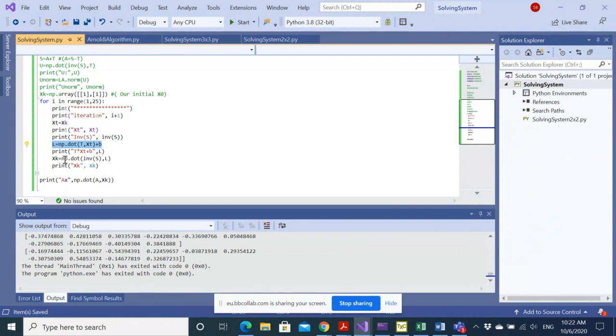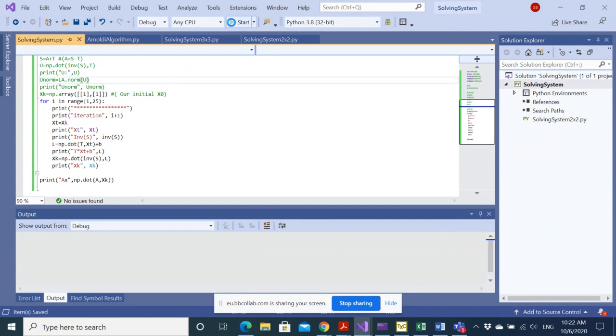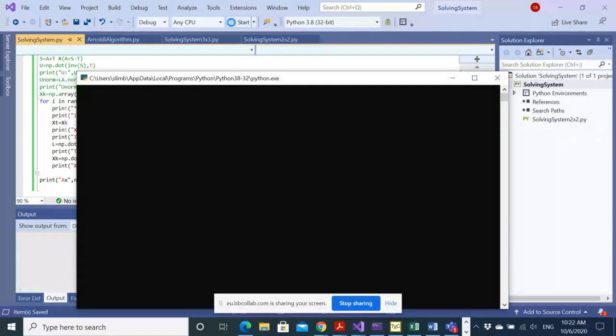And I make sure that the new solution I obtain is S inverse times this L. Okay? And at every iteration, I'm going to have a new solution. So let me run it with you to see if it works or not.